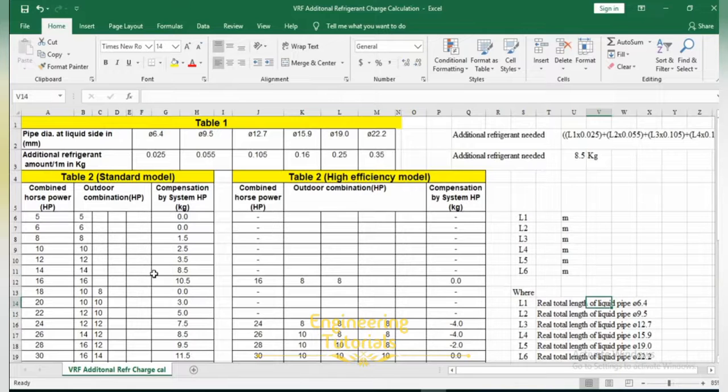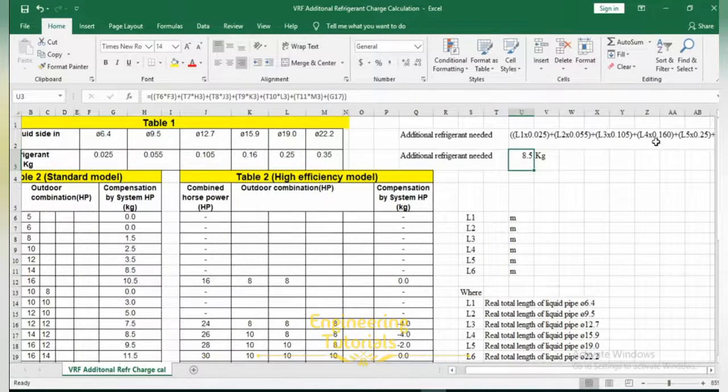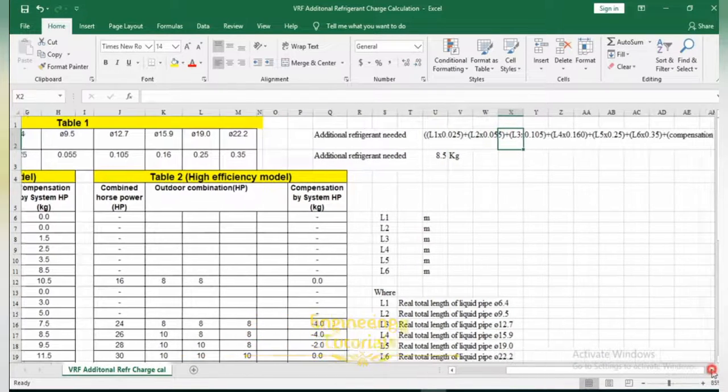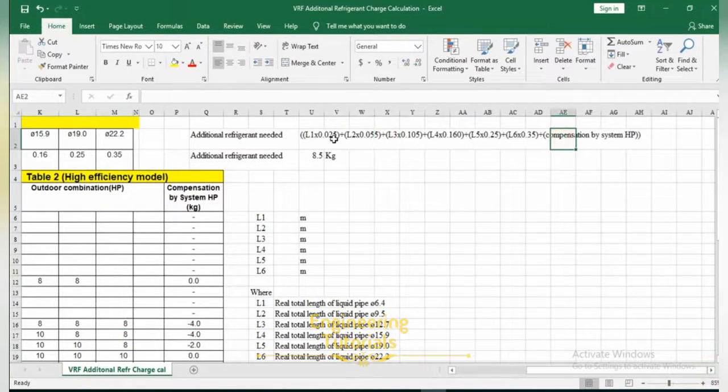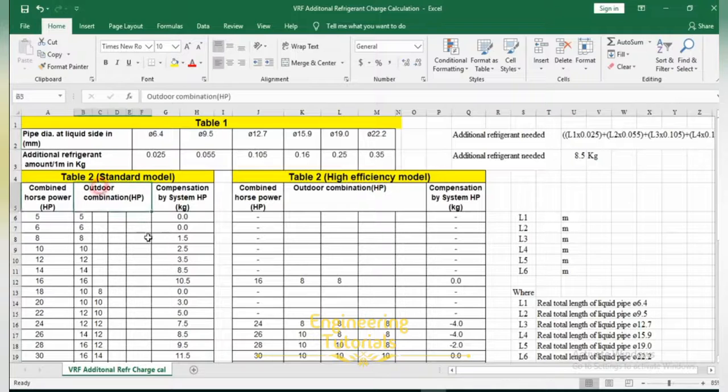One more thing in this formula is we need to add additional refrigerant for the system horsepower compensation. As you can see over here, this formula, as you already understand, and second, you have to add the compensation by system horsepower. This value will be taken from these tables.